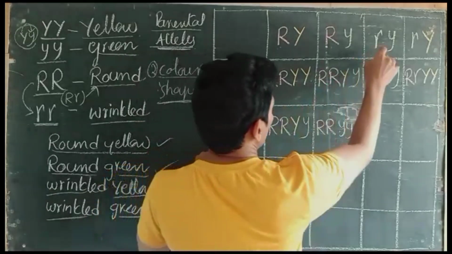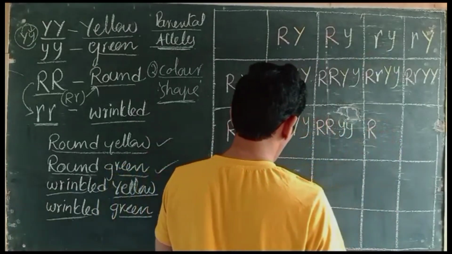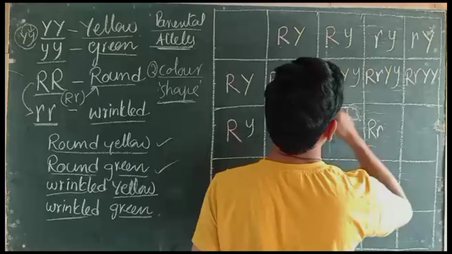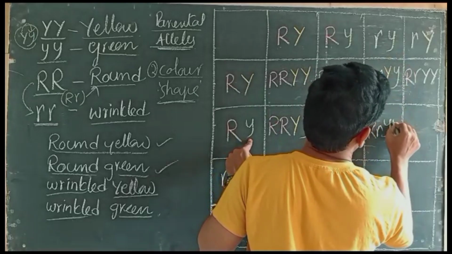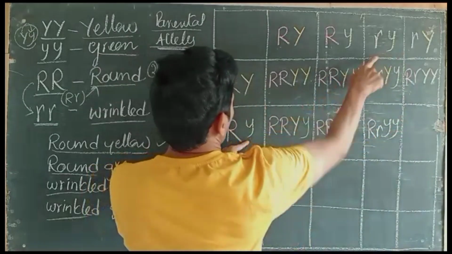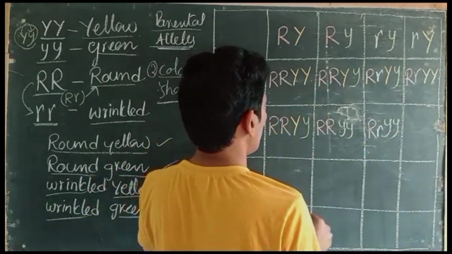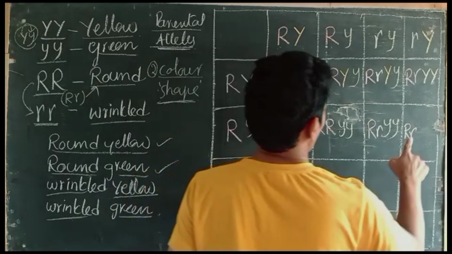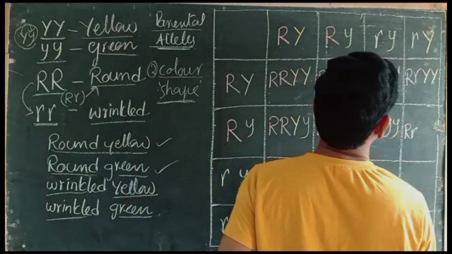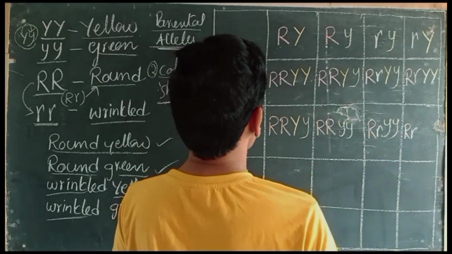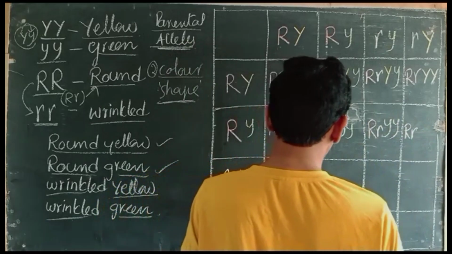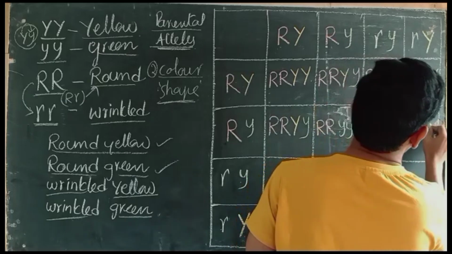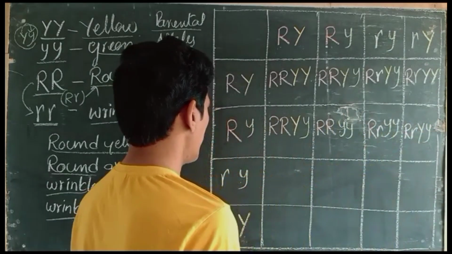Later, the capital R, capital R and the small r is normal, and small y, both the factors are small y, into small y, right? Later, capital R, small r, capital R, small r, and capital Y, small y, capital Y and small y.